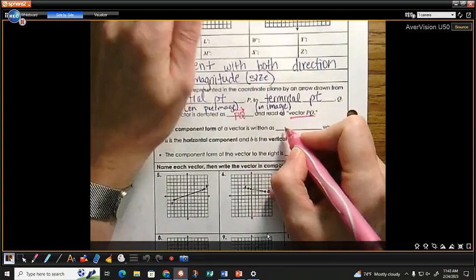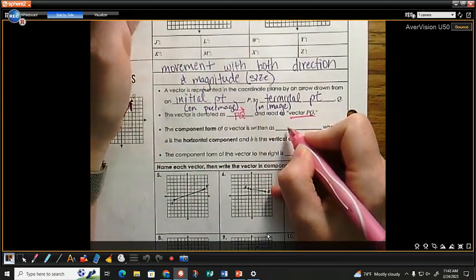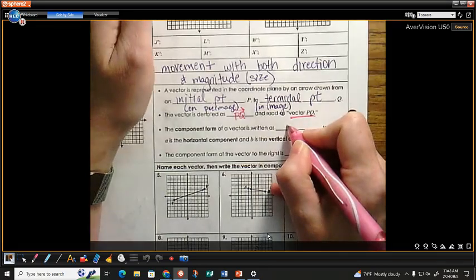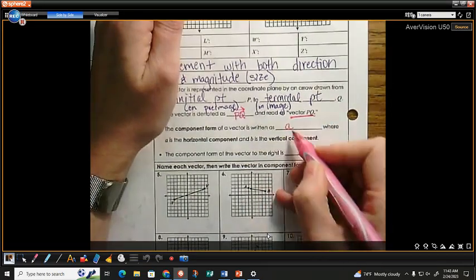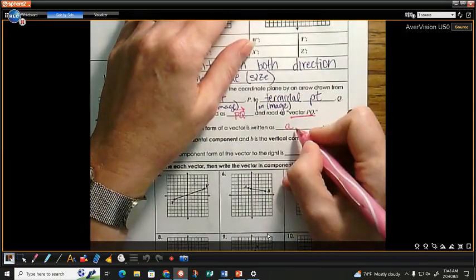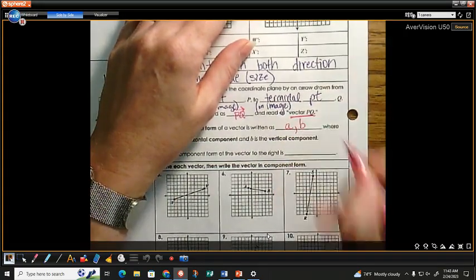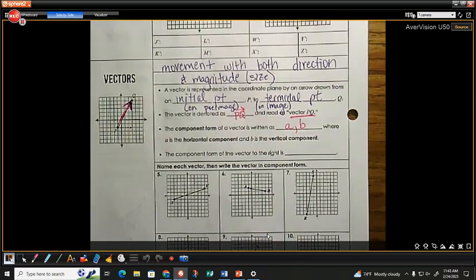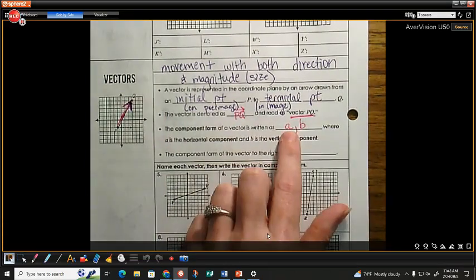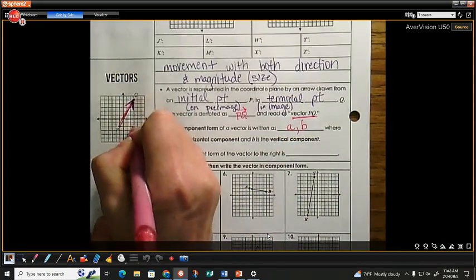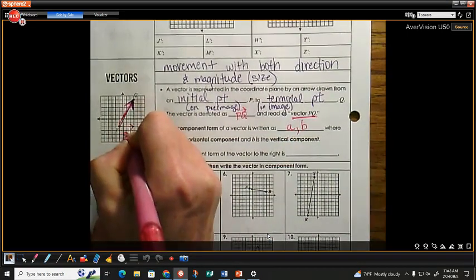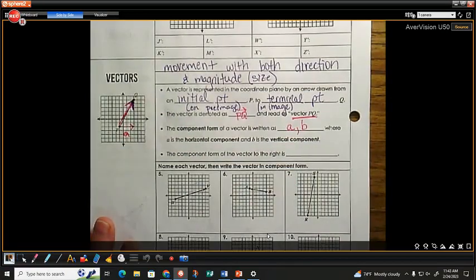So for my vector, I'm going to want my sideways amount to move, so I'm going to put it in the X position. So I'm going to put a letter in the X location, and I'm going to put a letter in the Y location. Whatever number is in the X location tells me how far sideways I want to move my vector.